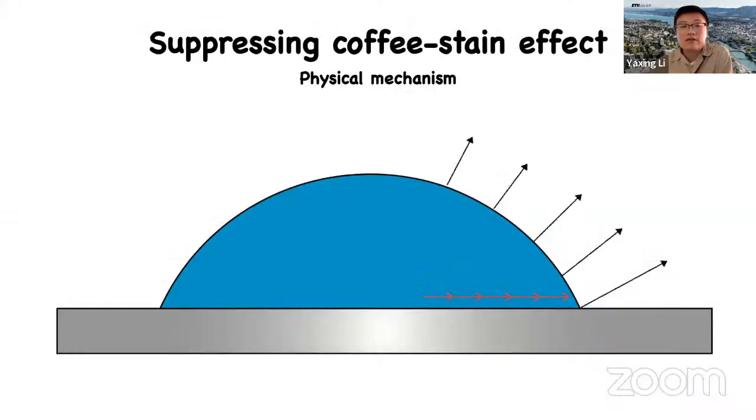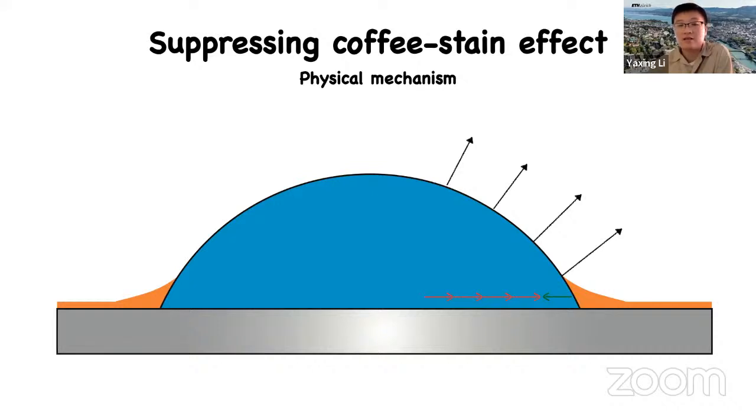So how do we suppress the coffee stain effect in this way? Here is the mechanism. A typical evaporation coffee stain effect, as I said, is due to the capillary force, the flow from the center towards the edge that brings all the particles over there. But now we have silicone oil wetting the edge at the contact line area, and silicone oil doesn't evaporate.